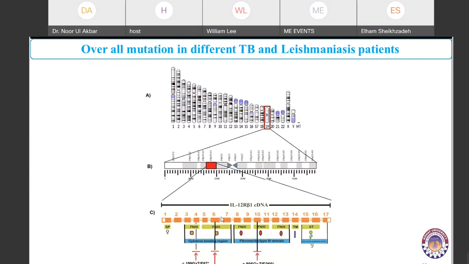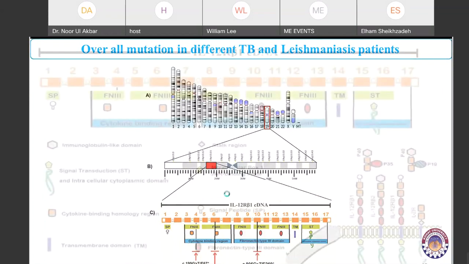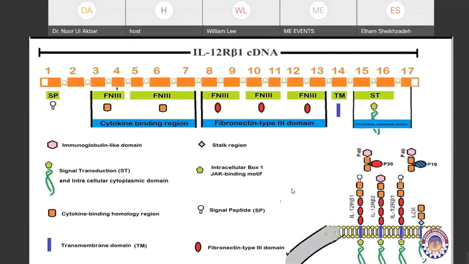Similarly, at exon 6 and exon 10, we also found mutations which are already published. This is the general IL-12 receptor beta-1 gene, which is composed of exons 1 to 17, and we found complications and mutations related to this gene. Other genes may also be involved, but we targeted this one.